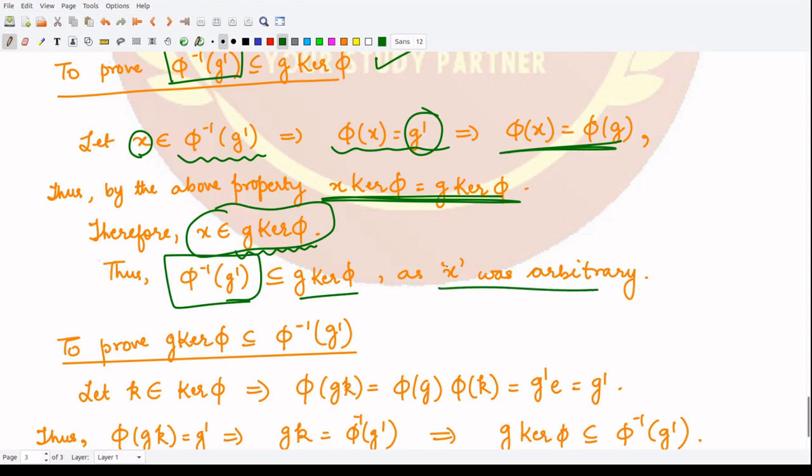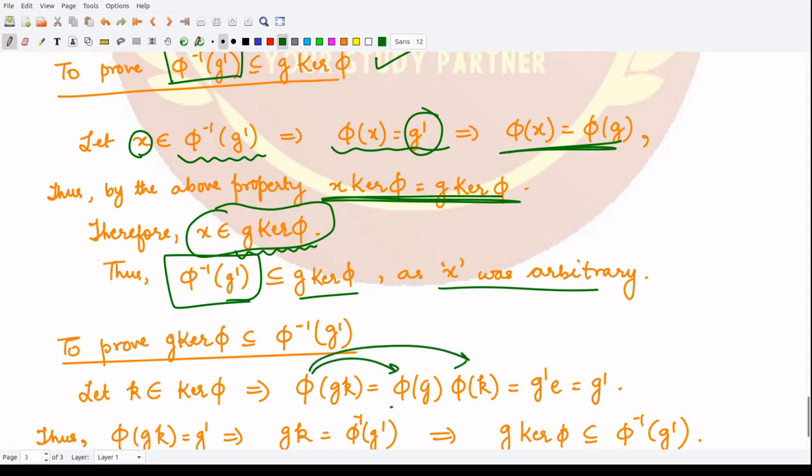Now to prove the opposite, we wanted to prove that G kernel phi is contained in phi inverse G dash. Again what we do, we take some element here and we prove that it is present over here. Let's first of all take some element in kernel phi. So let's take this small k present in kernel phi. Then phi of gk would be what? Phi of gk would be phi of g times phi of k.